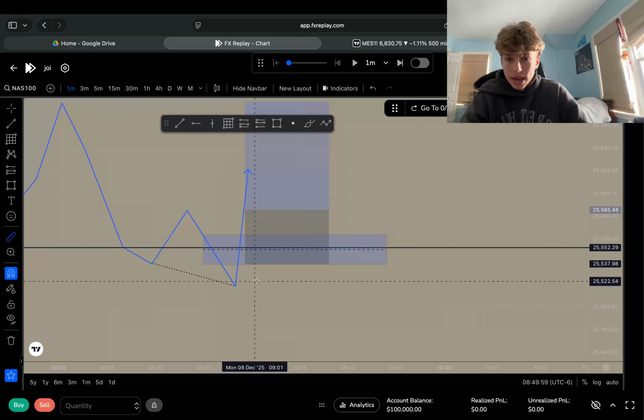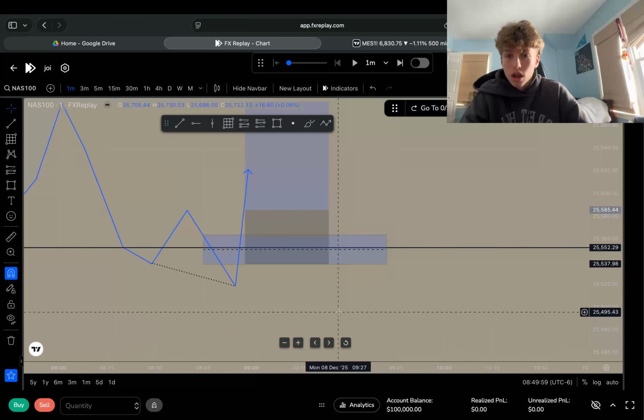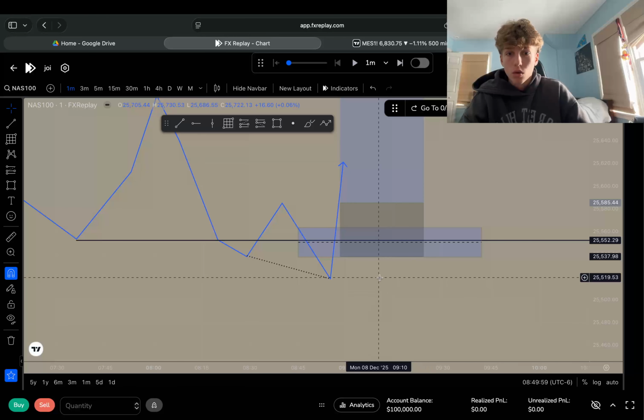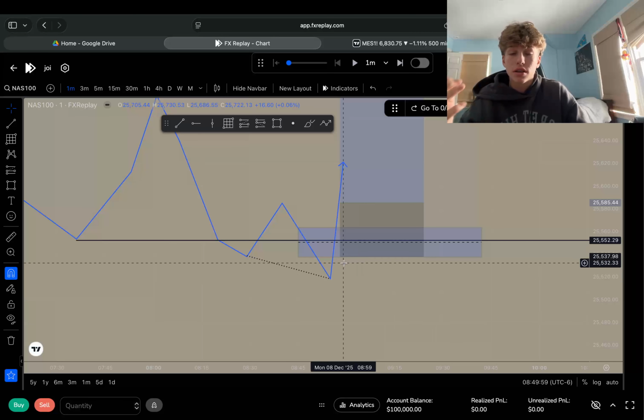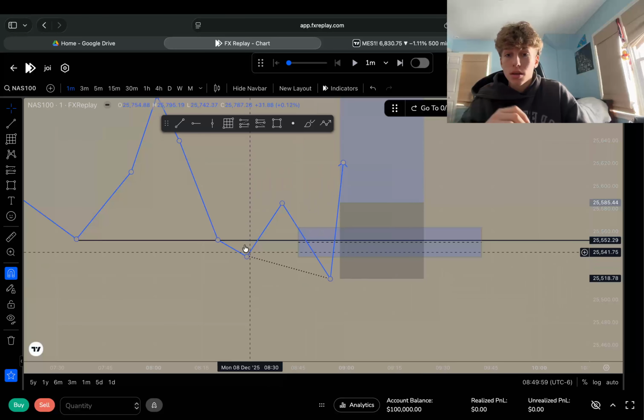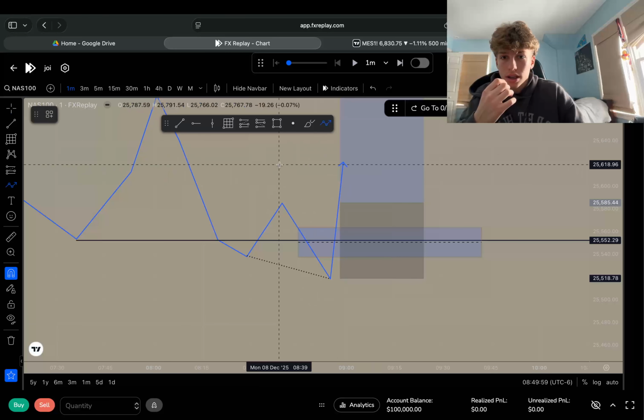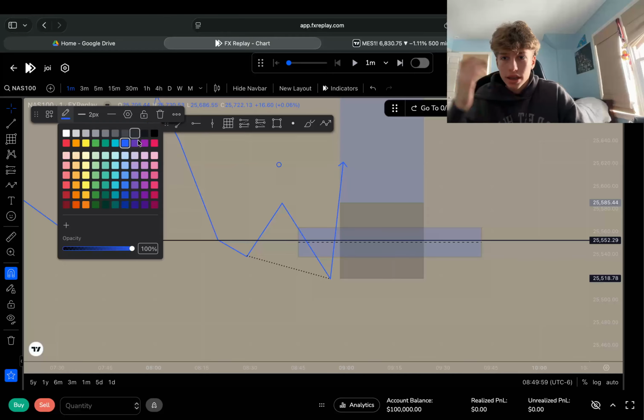It shouldn't retake out this low and fill more orders lower. This low right here would be a high resistance draw on liquidity, because it is hard for price to fill it. ES, I'll just put ES in black.